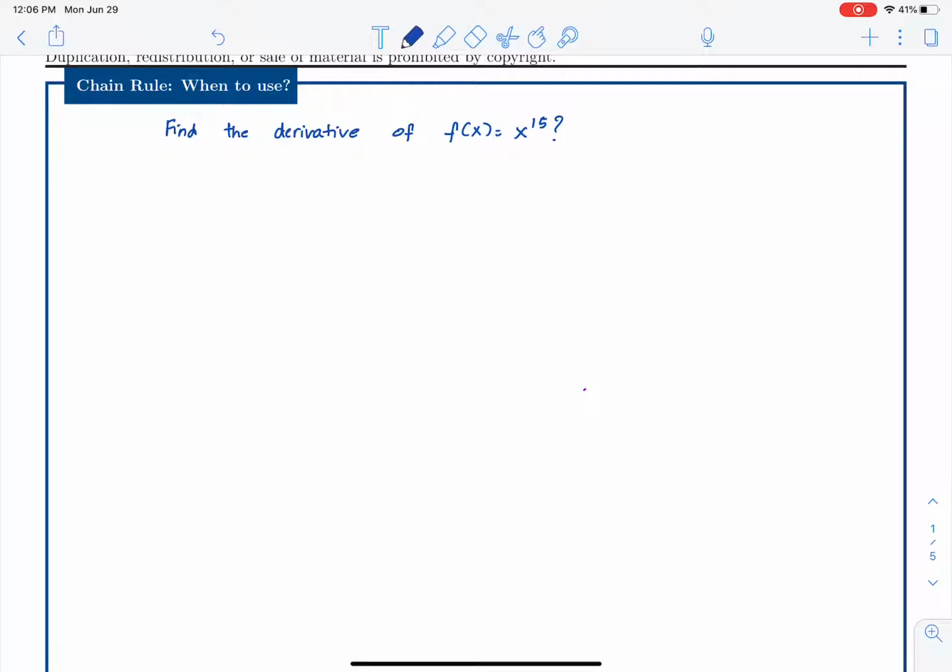And that is pretty straightforward. All we have to do is bring 15 to the front and decrease the power. And we have 15 times x raised 14.